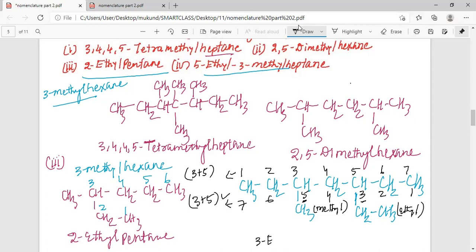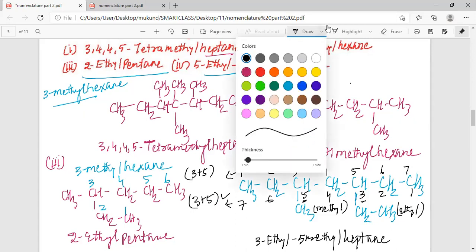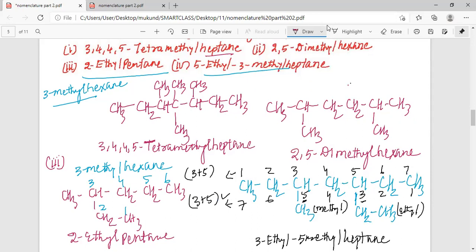3-ethyl 5-methyl heptane. But according to this nomenclature system, we need to write it as 5-ethyl 3-methyl heptane. So it is written as 5-ethyl 3-methyl heptane.